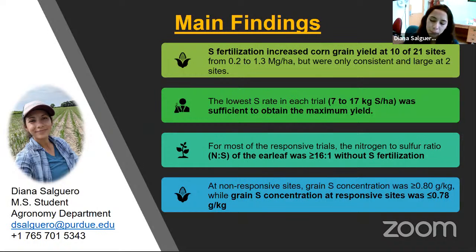Oh, well, I think the amounts of sulfur that we are using wouldn't affect the pH as much. There is an experiment done, I think in Oregon, where they went crazy with the rate. I don't remember it exactly. I think it was around 100 to 300 pounds of sulfur per acre, which is quite a lot.